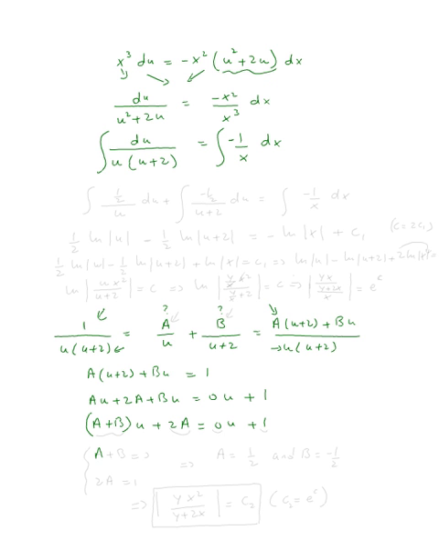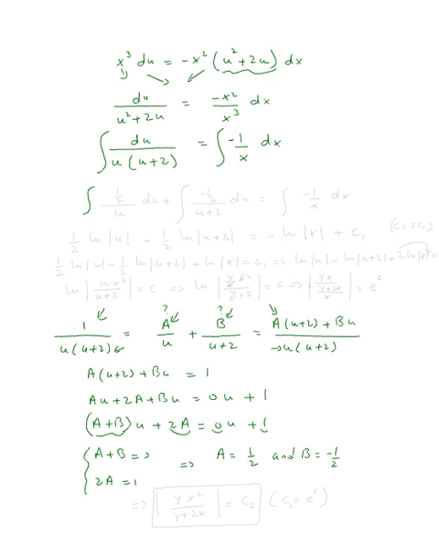So this means that a plus b equals 0 and 2a equals 1, which means a is going to be 1 half and b is minus a, which is negative 1 half. So now I can rewrite this, so the a goes here and the b goes here.